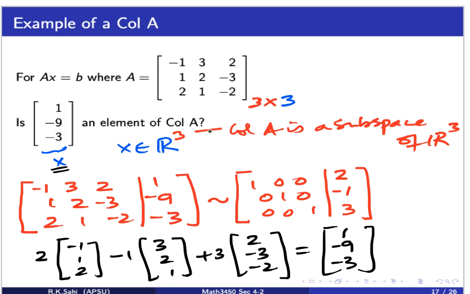So just remember, if you want to prove that something is an element of the column space of A, the first thing is to check whether that element is in the appropriate R-dimensional space. And that can only be known if you look at what the column space is a subspace of. Second, you apply the elementary row operations and reduce it to an echelon form. Once you get the echelon form, you have an idea whether the system is going to work or not.